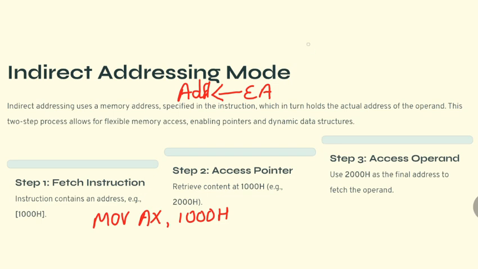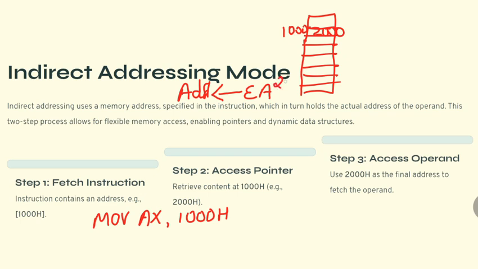That means in my memory, at location 1000 I have the value 2000, and at 2000 I have the value 50.